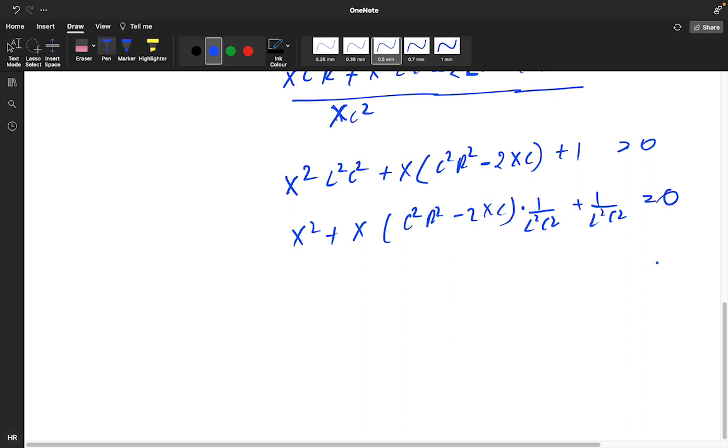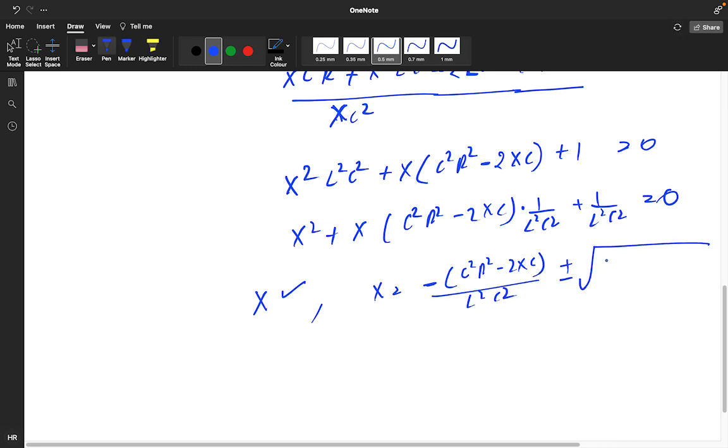So from this you can get the value of your x value. Okay, x value will be minus b, so minus C square R square minus 2 LC divided by L square C square, plus minus root under b square minus 4ac divided by 2a, and when you get this value you have to take the root, so you will get one plus value and one minus value.